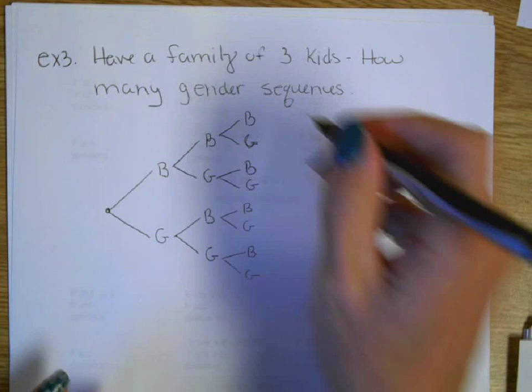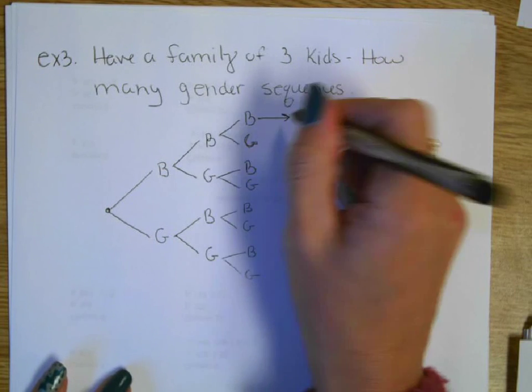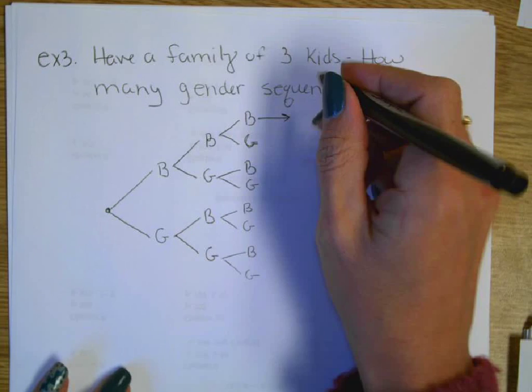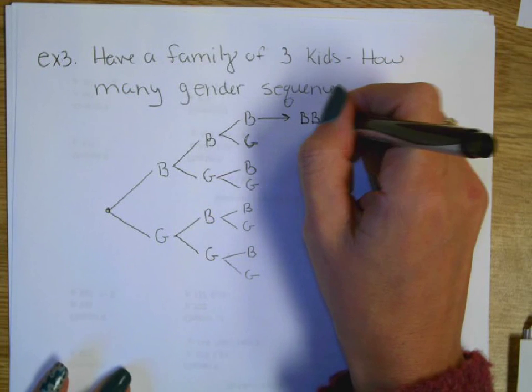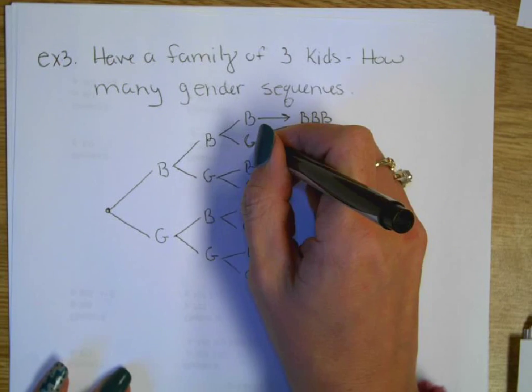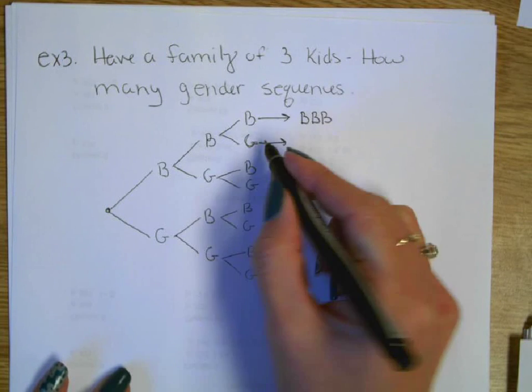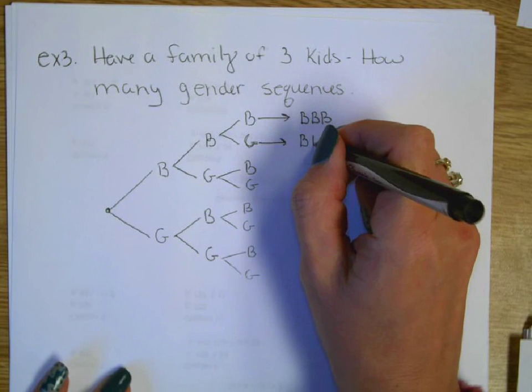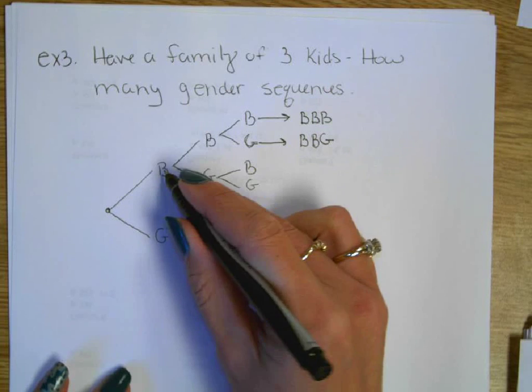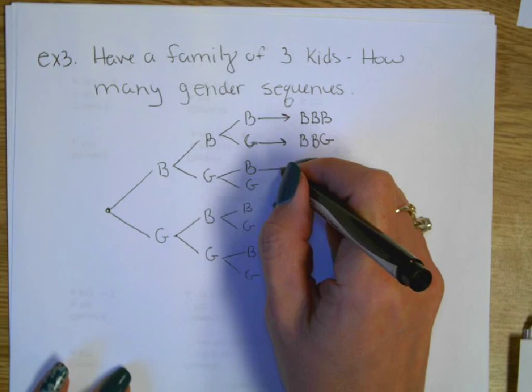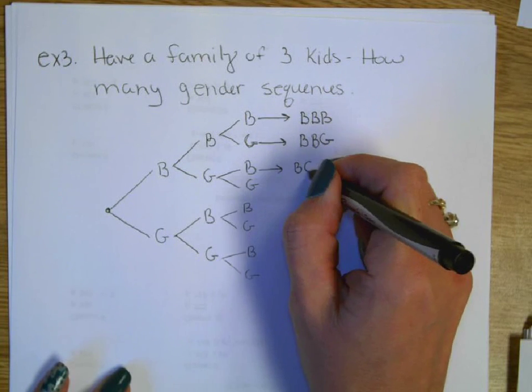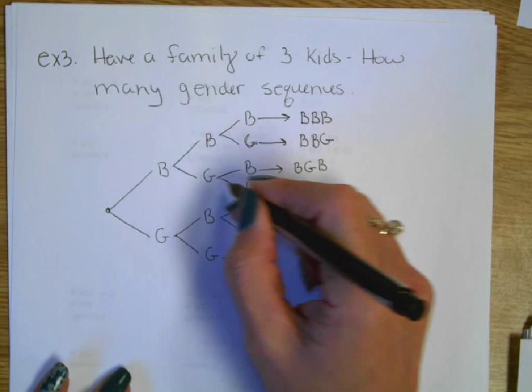So this end of this first branch represents my first outcome in my sample space, and that is having 3 boys in a row. This one's boy, boy, then a girl. Boy, girl, boy, just following the branches. Boy, girl, girl.